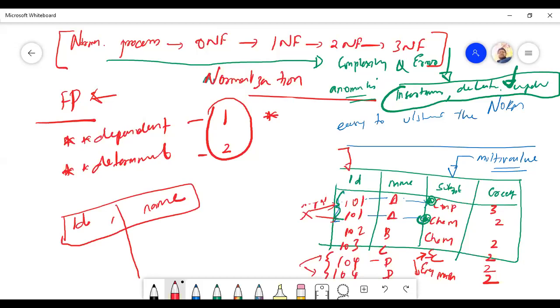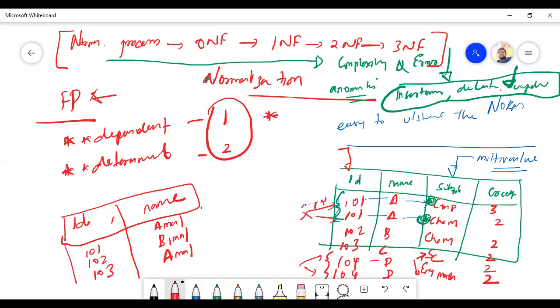ID 101, 102, 103. Names Amal, Bimal, Amal.